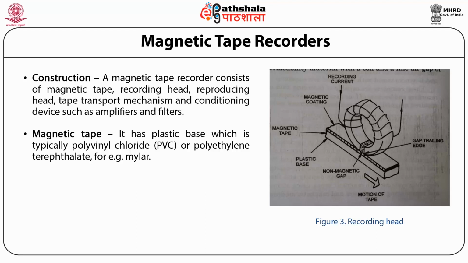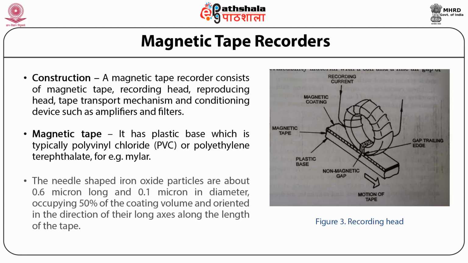This magnetic coat consists of very small iron oxide particles mixed in a plastic binder. The needle-shaped iron oxide particles are about 0.6 micron long and 0.1 micron in diameter, occupying 50% of the coating volume and oriented with their long axis along the length of the tape.